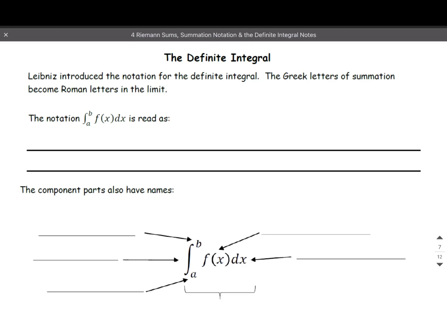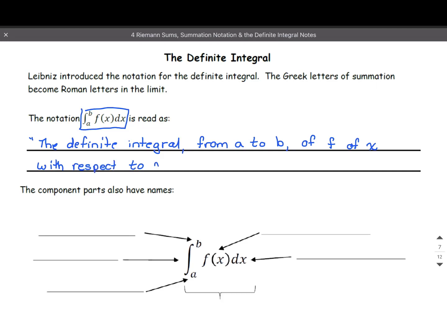So the notation here is read as the definite integral from a to b of f of x with respect to x. So the integral is that swirly figure from a to b of f of x, and the dx is telling you with respect to x.